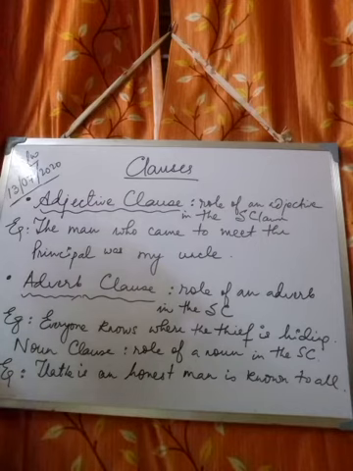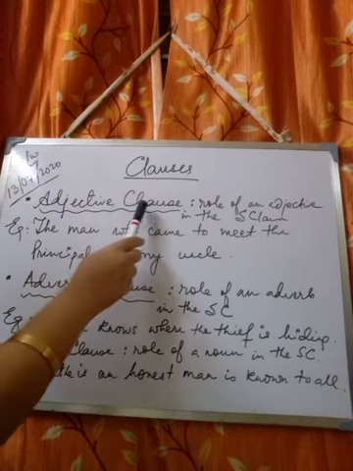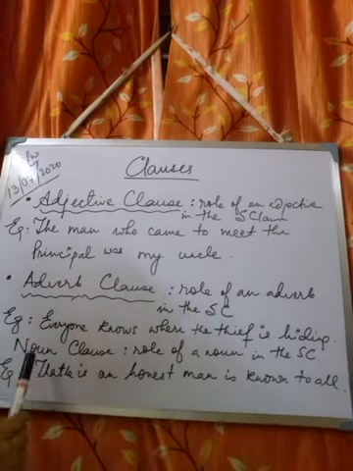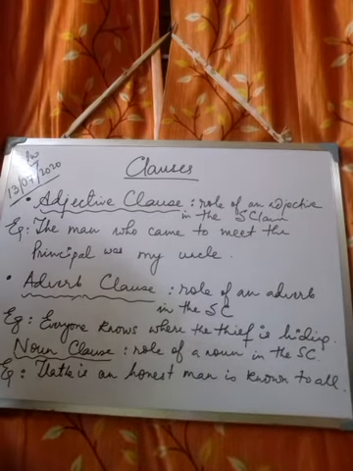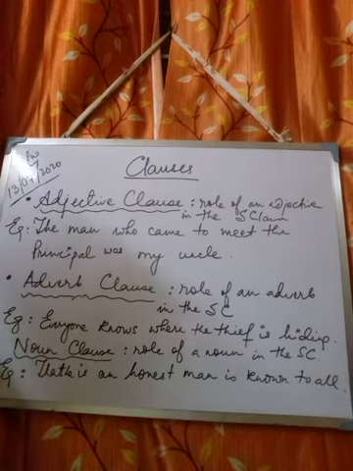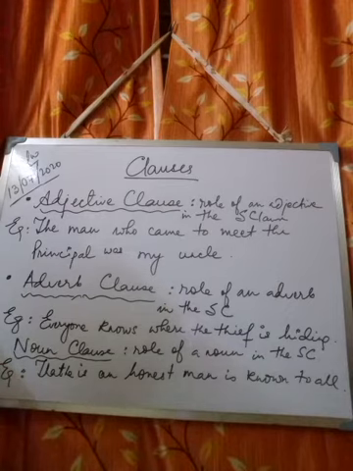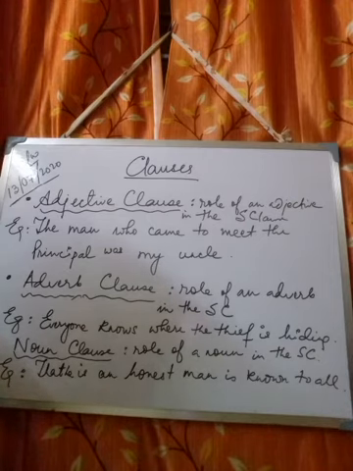Let's now understand what an adjective clause is, an adverb clause, and what a noun clause is. An adjective clause, remember children, plays the role of an adjective. Like I told you, these types of clauses will only be present in the subordinate or dependent clause.